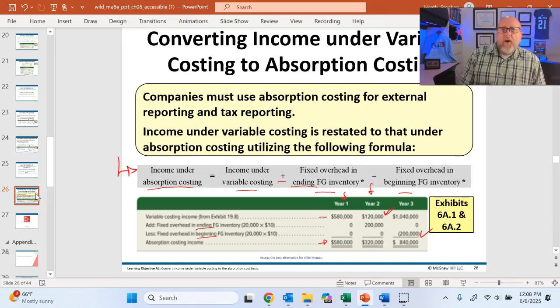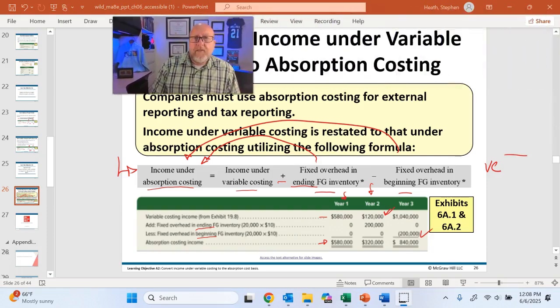Okay. I could also take this formula and calculate variable costing. And so what I would do is take this and move it over here, and take this and move it over there. So if I wanted to determine variable costing, I'm going to use a little bit of crazy algebra on you. It's going to start with income under absorption costing.